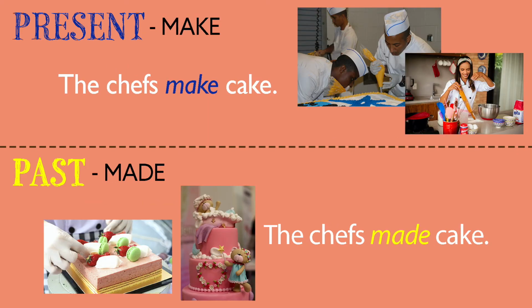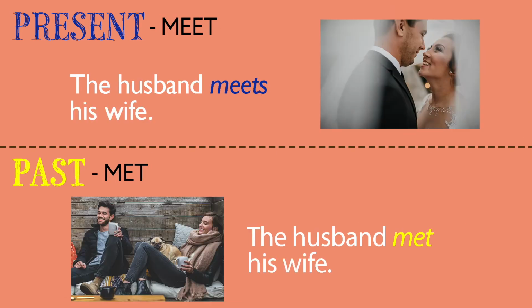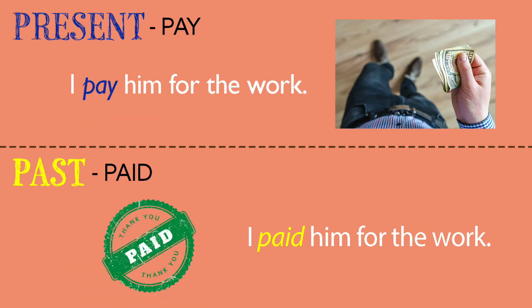Make. The chefs make cake. Made. The chefs made cake. Meet. The husband meets his wife. Met. The husband met his wife. Pay. I pay him for the work.